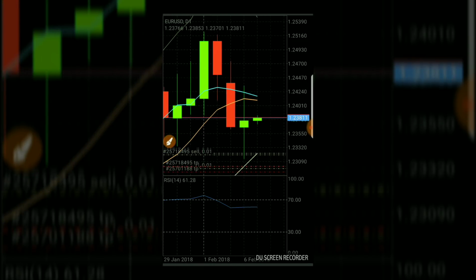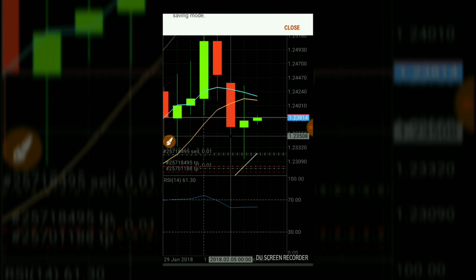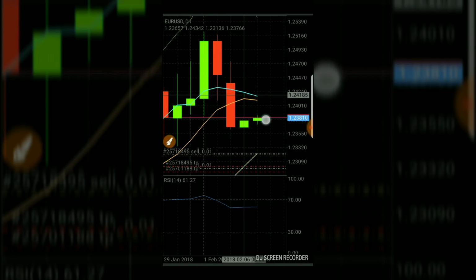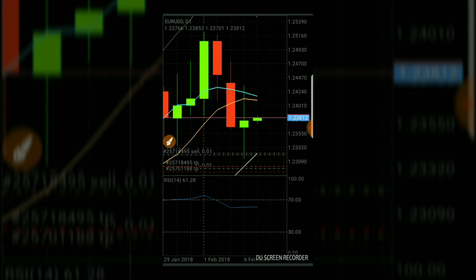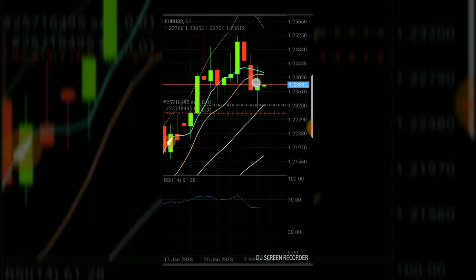Let's look at the day. Okay, so yesterday, you see why it came down to that low. We almost hit the 20 period moving average on the daily chart. And then it bounced way up, trading sideways, and it's going to drop off again. Mark my words. We have now found ourselves under the 5 and the 10 period moving average.